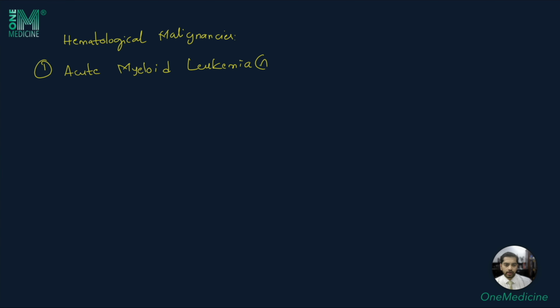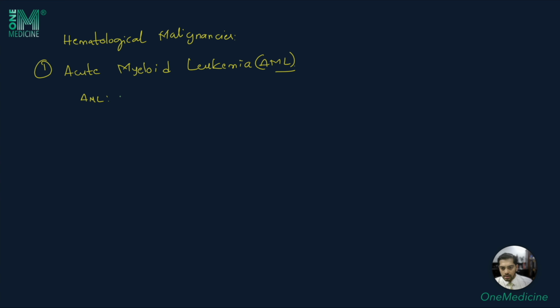Now let's look at hematological malignancies. The first one is acute myeloid leukemia, usually written as AML.